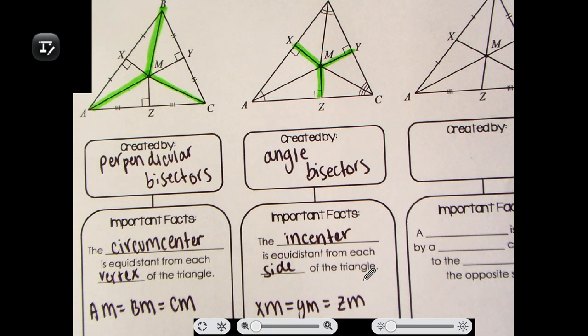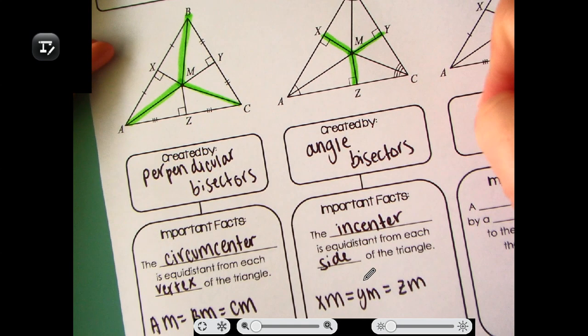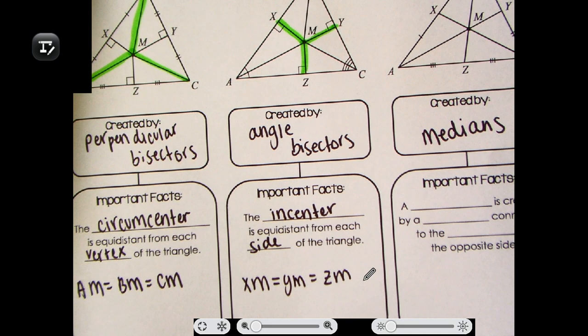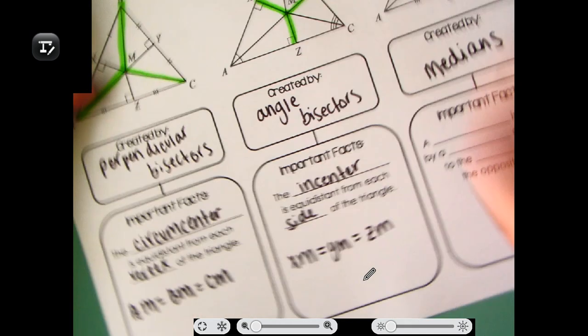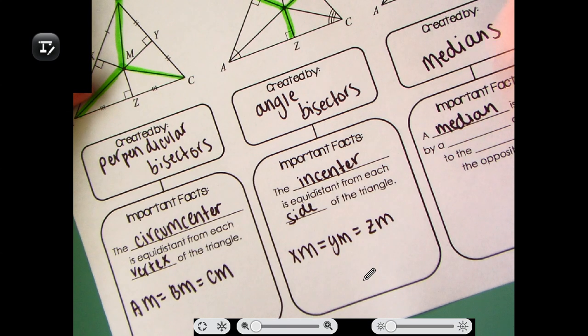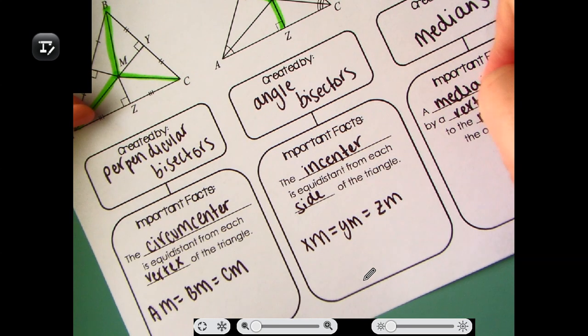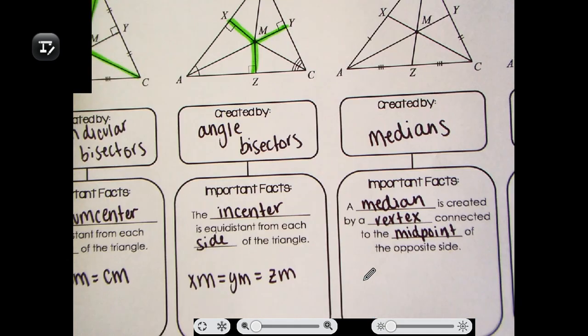Now we have the centroid. A centroid is created by medians. And a median is created by a vertex connected to the midpoint of the opposite side.